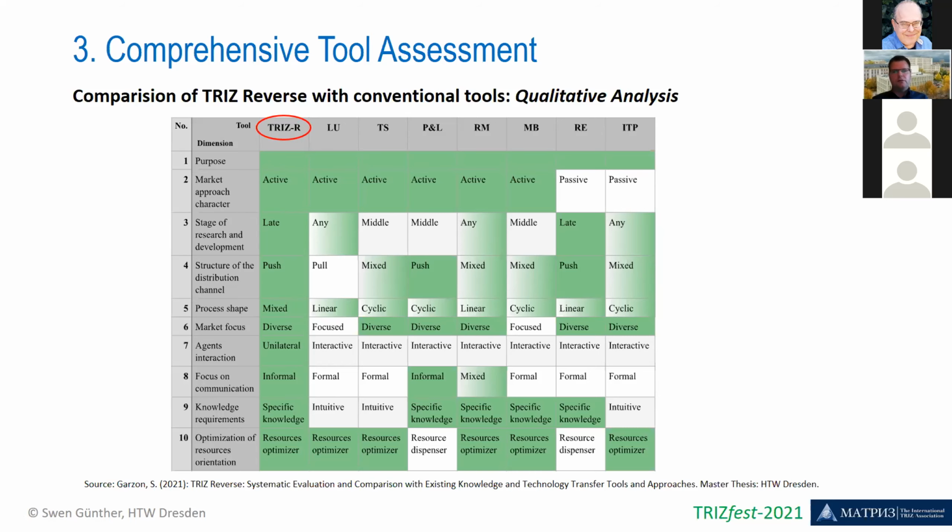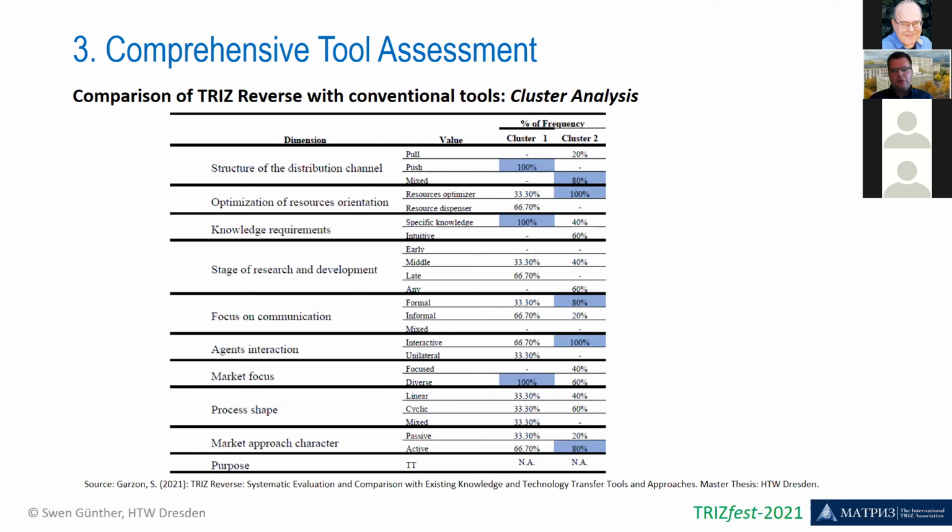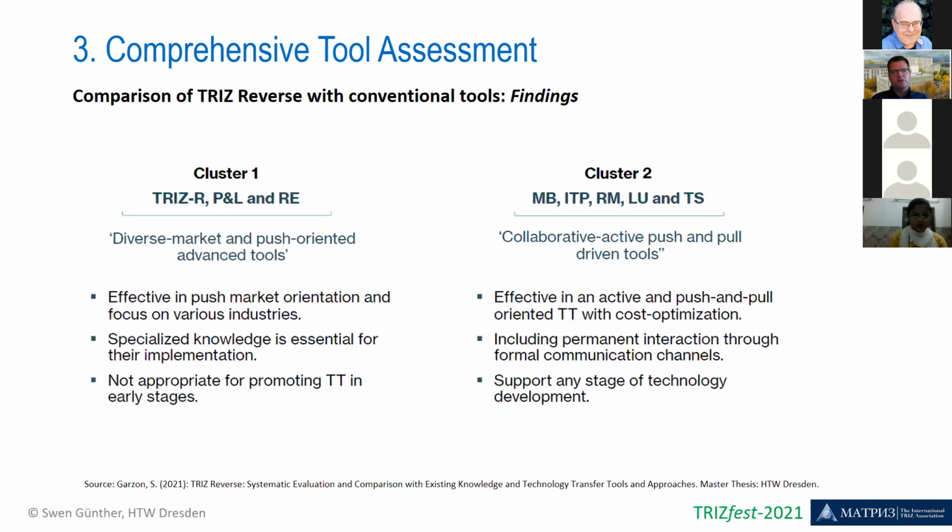Secondly, he also did more scientific analysis, cluster analysis, which is actually a quantitative analysis done with SPSS. It was quite interesting to see that he figured out 2 clusters. So that means we have these 2 clusters with tools that seem to be very similar.